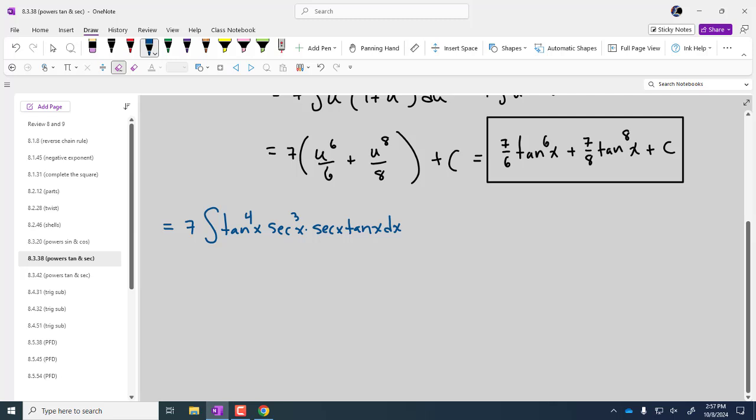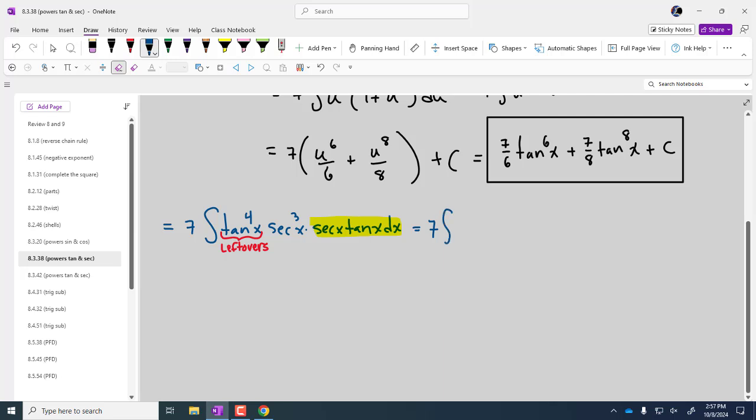Now, we're trying to let u be secant so that that's the derivative of u. So that means we have to convert these leftover tangents. So those are the leftovers. So we want to convert those. So we're going Pythagorean.